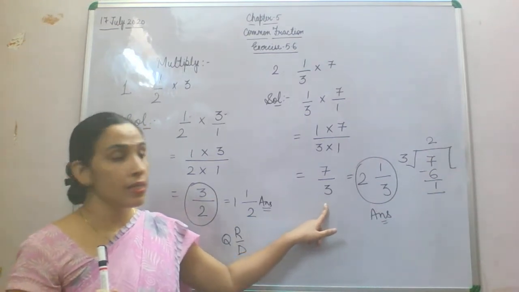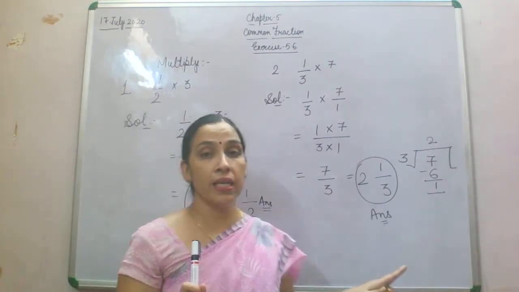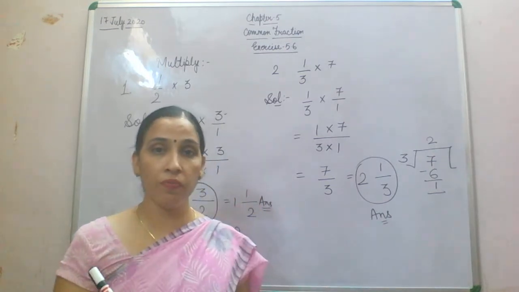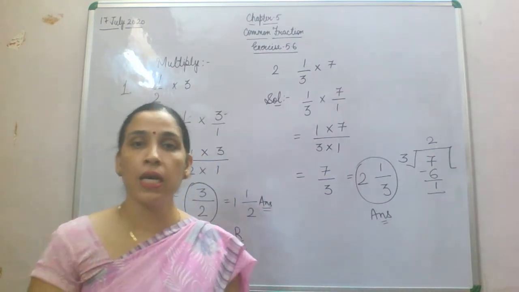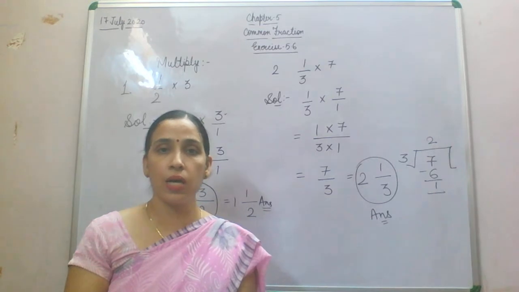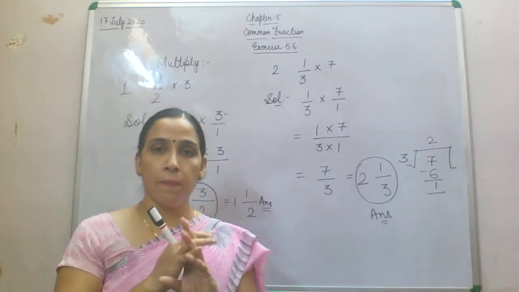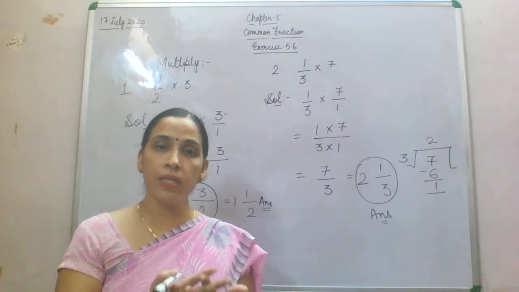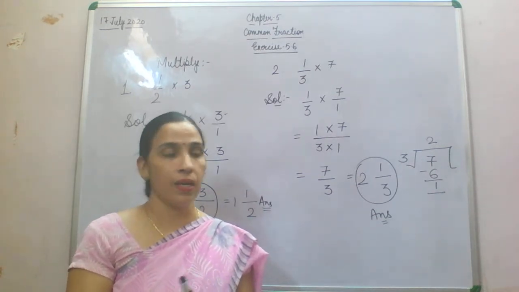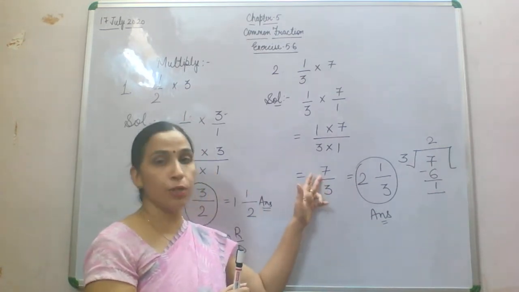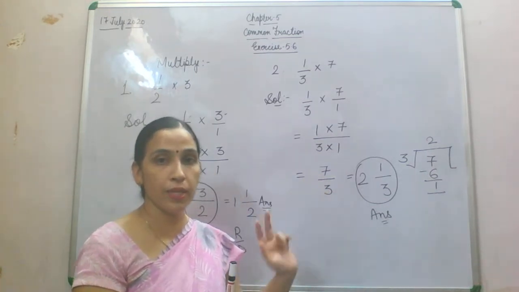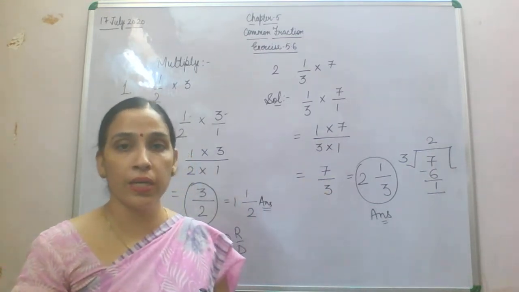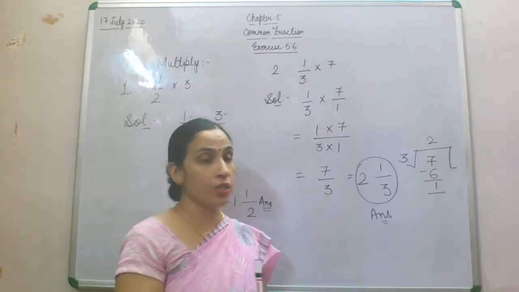Now children, see, this 7 by 3 is an improper fraction. What are improper fractions? Improper fractions are those fractions which have a greater numerator. Numerator is greater than denominator. Now in this also you can see that numerator is greater than denominator. So how to convert it into a mixed fraction?